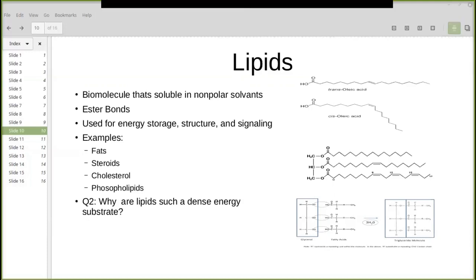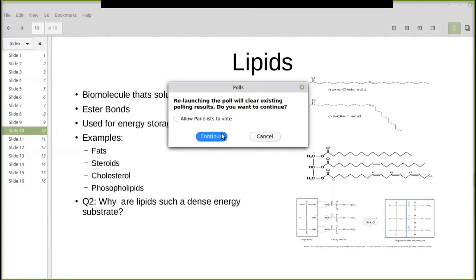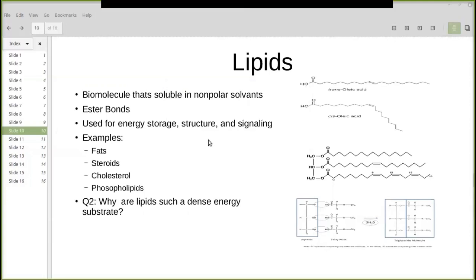I'll just throw this question up for you guys. What makes lipids so good at packing so much energy together?